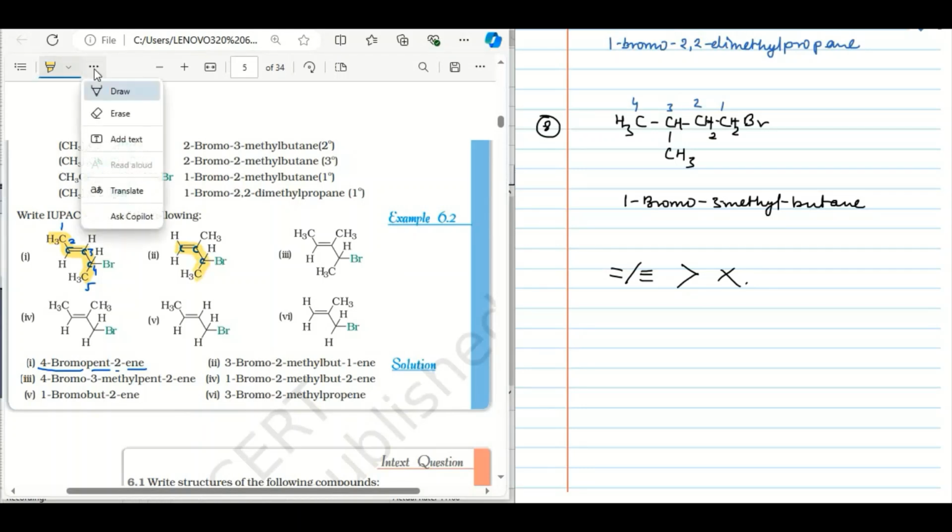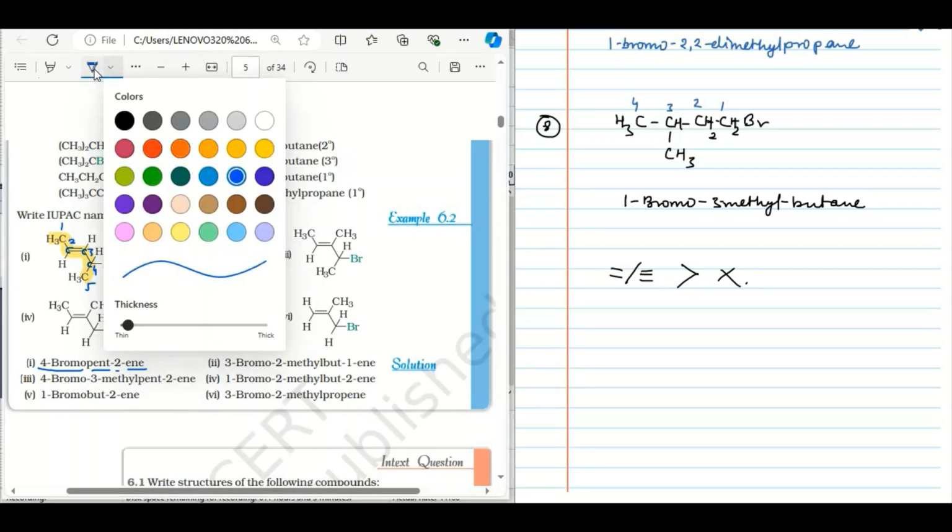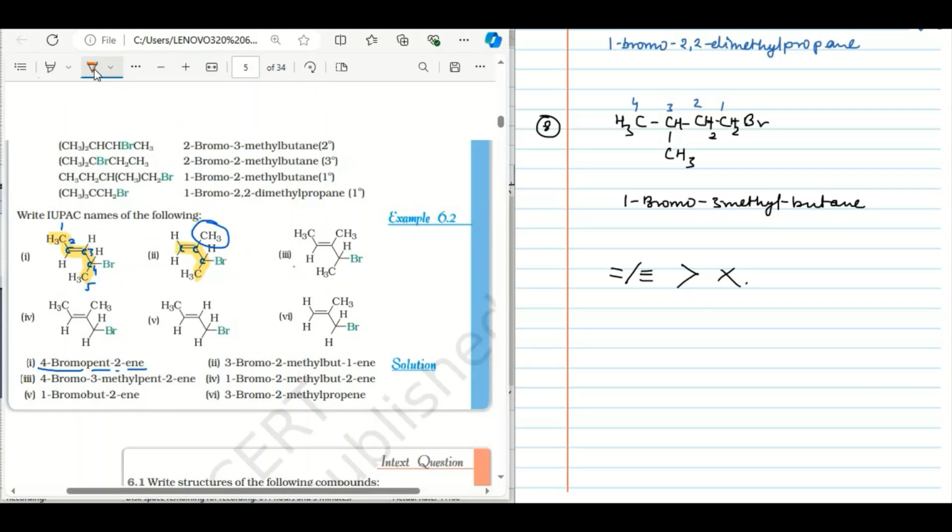Here there is methyl substituent, but you have to number in such a way that double bond gets the lowest possible number. So here you will number from this direction. So 1, 2, 3 and 4.